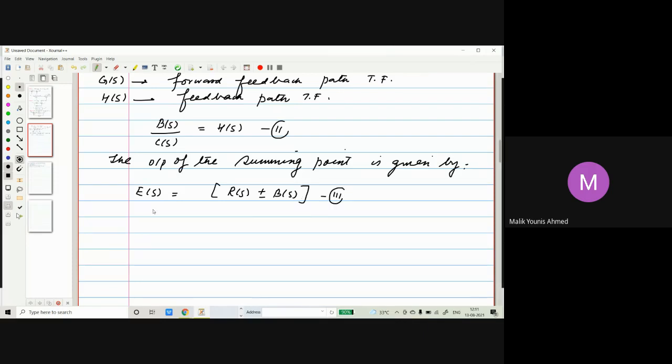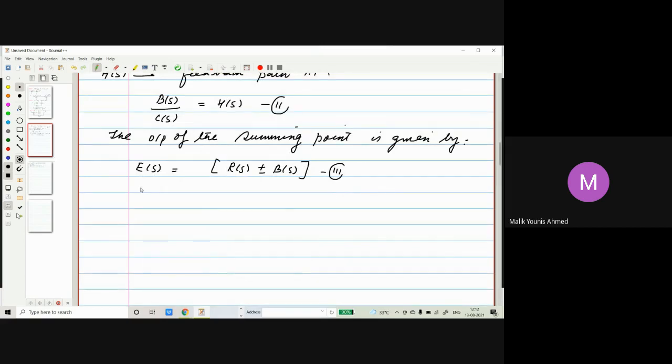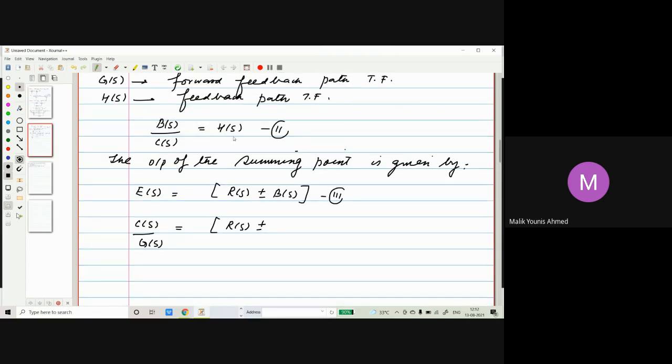Similarly, this E of S we can also write as, C of S by G of S. So we can write E of S as C of S by G of S. Already we know from equation number 1 dash, we have got E of S, C of S by G of S will be equal to R of S plus minus, also we know B of S. B of S will be equal to C of S into H of S. So we can write it 2 dash.